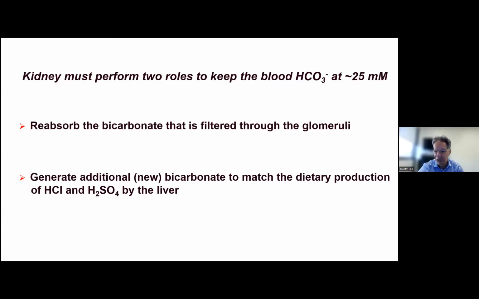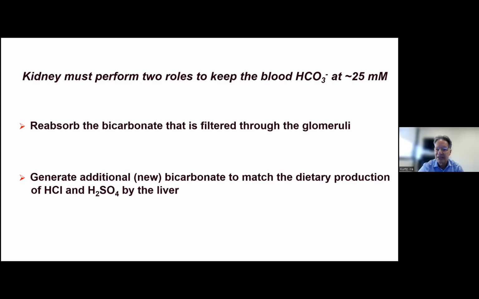Even if we absorbed all the filtered bicarbonate, it's like you have a proton IV, a hydrochloric acid and sulfuric acid IV, except the hepatic vein is where the protons are coming into the IVC. So something else has to occur in order for the blood bicarbonate to not decrease because of this process.